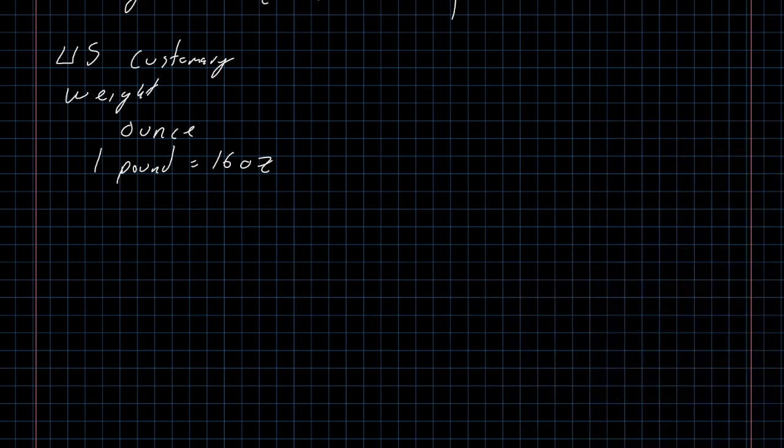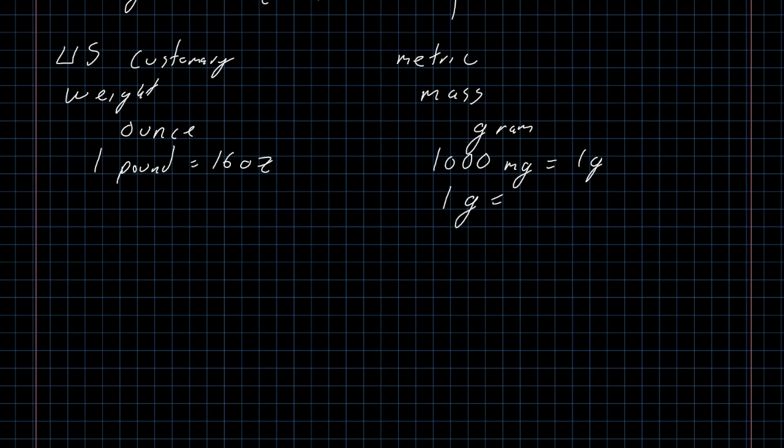Here's where things get weird. In the metric system, there actually is not a measure of weight. Instead, there is a measure of mass, which is the gram, and then you can have milligrams. 1,000 milligrams makes 1 gram, and you can also take a bunch of grams, 1,000 grams, and make them into 1 kilogram.